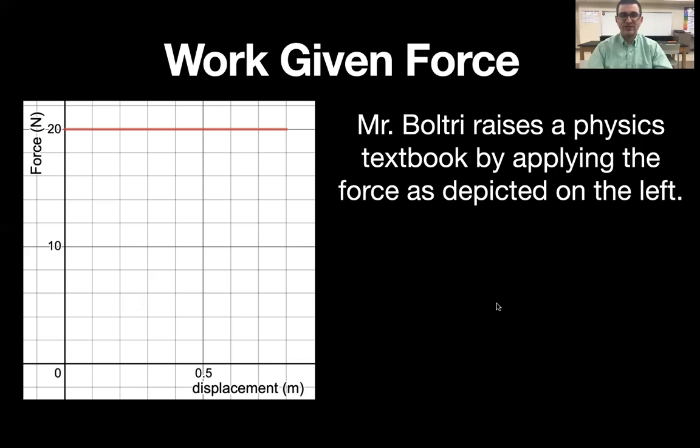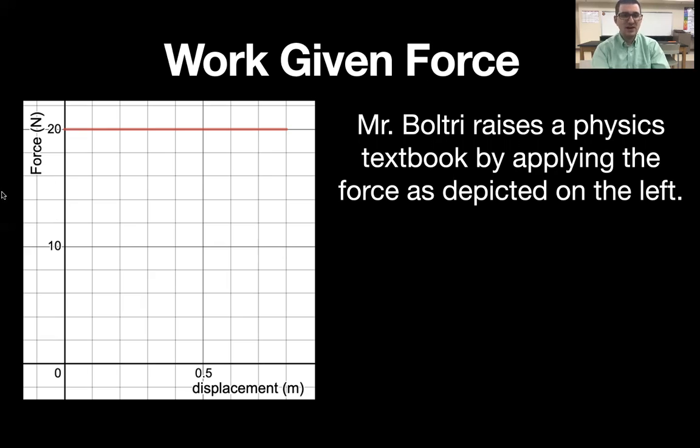Well, we could try to figure out how much the gravitational potential energy changed, but it's going to be hard to do that without knowing the mass of the book. So we're going to have to take this from a different approach, and we're going to have to think back to the times when we derived energy from the graph. Now we remember a joule is a newton times a meter.